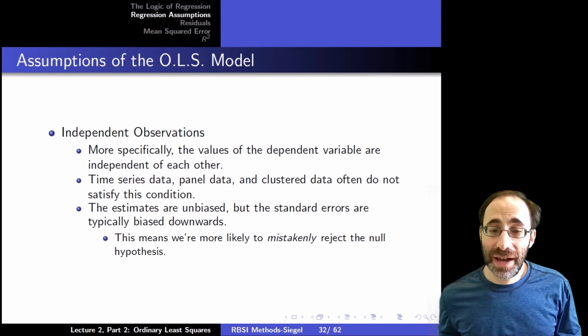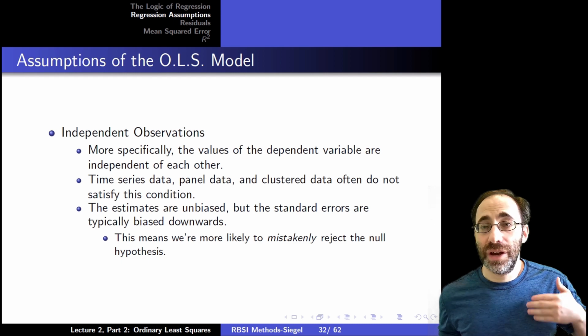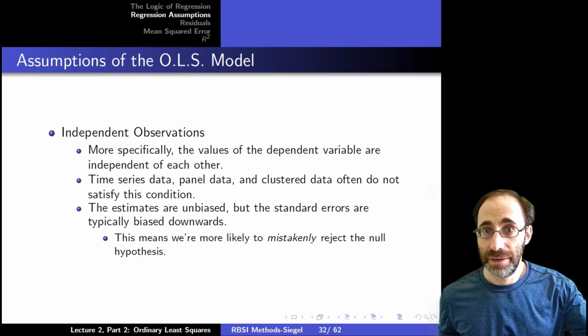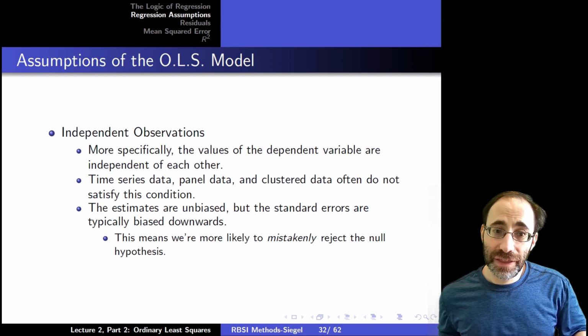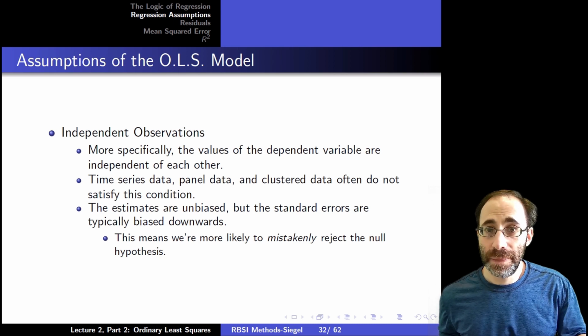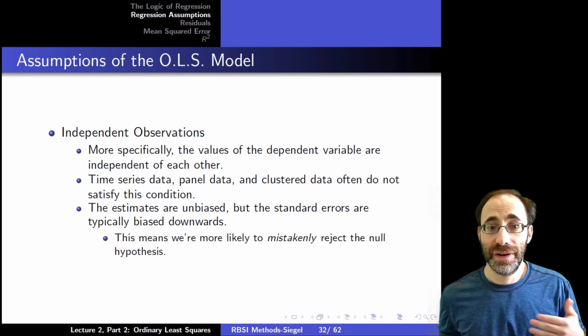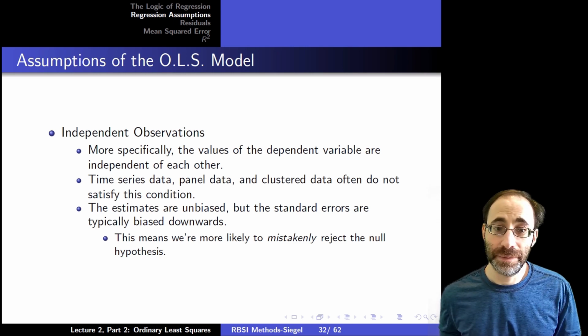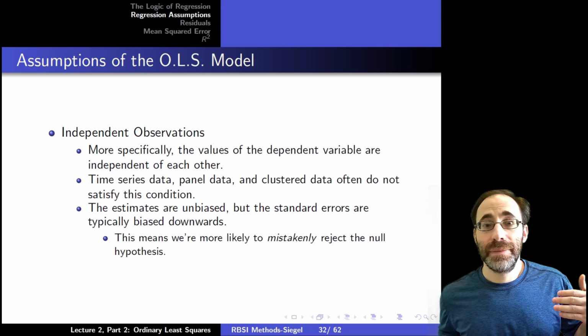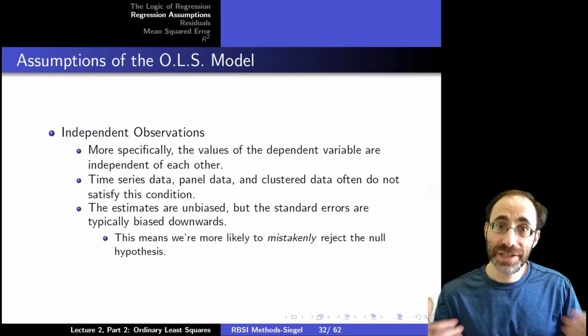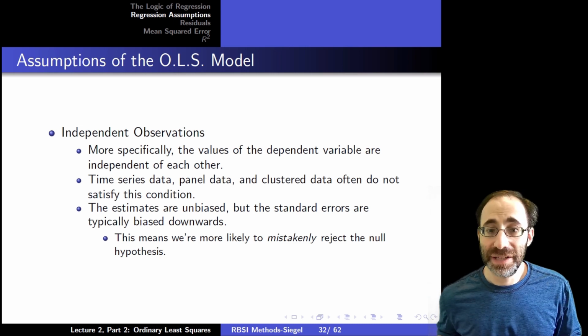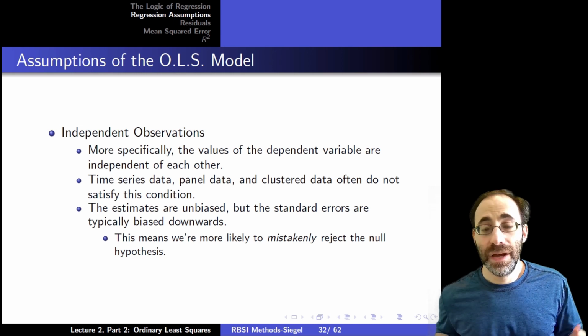If I have time series data, then I'm looking across time, and it is very likely that the measurement I get at time 1 is going to be correlated with the measurement I get at time 2. So we're going to have violations of that independent observation assumption. Similarly, panel data, which is cross-section across time, will have similar properties and lead to similar issues.